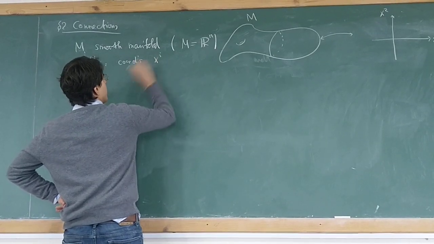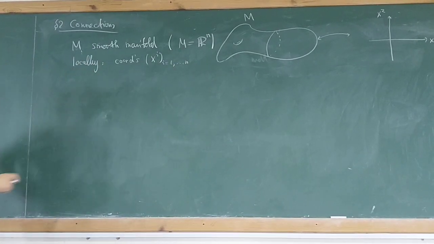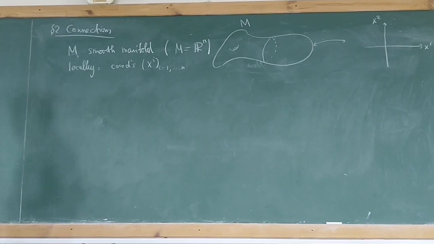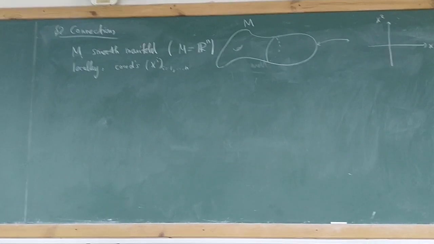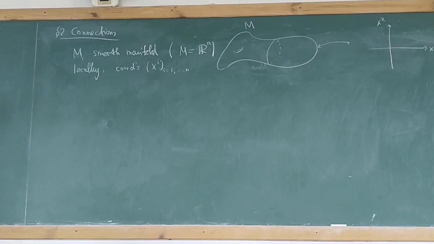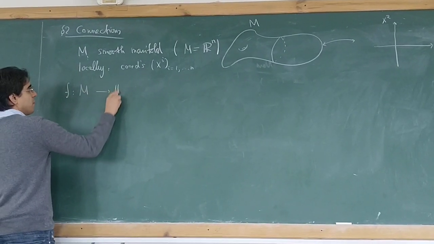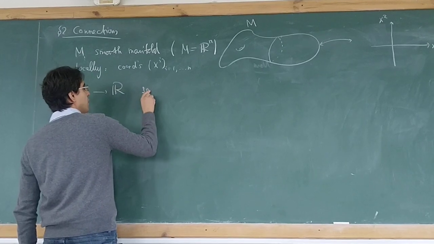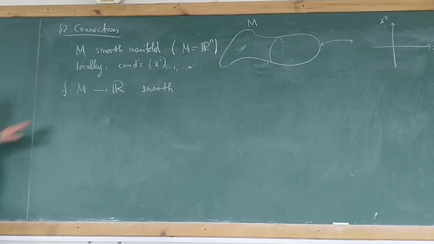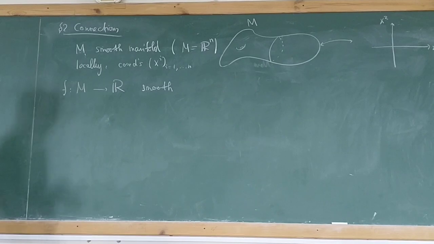So coordinates are going to be called xi. If we have a usual smooth function from Rn to R, depending on your level of sophistication, you could say a function from R to R, or from R2 to R, or something.